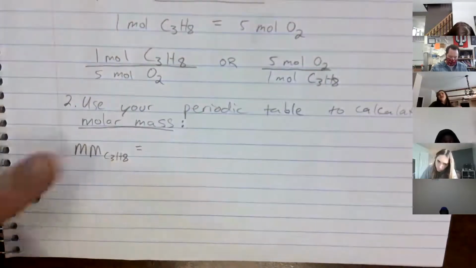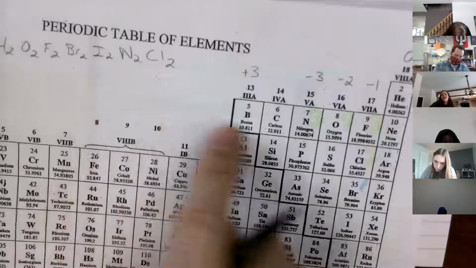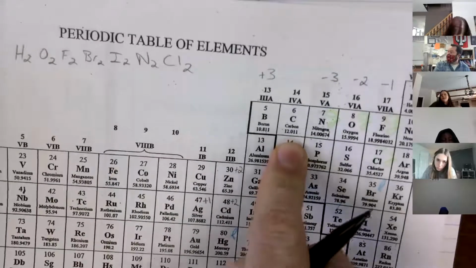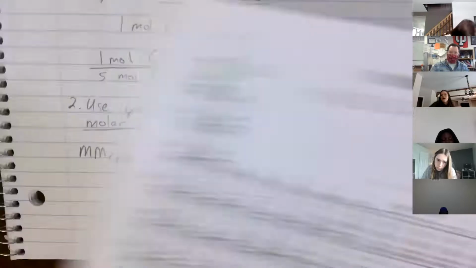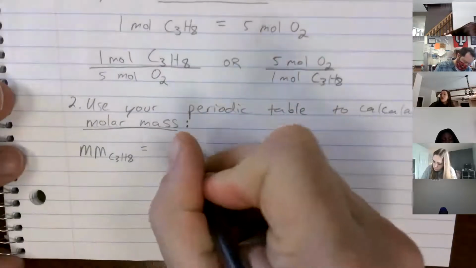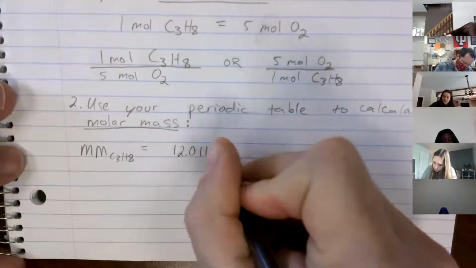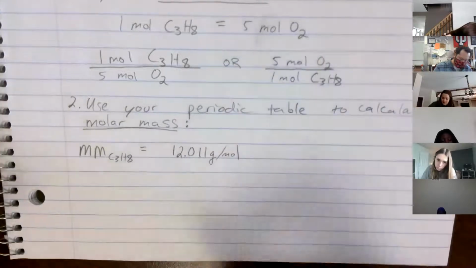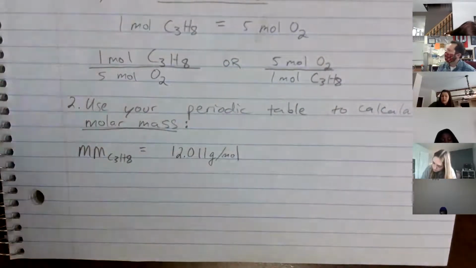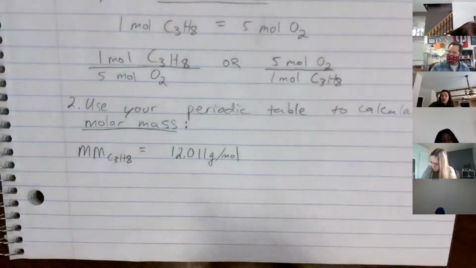It is equal to, well, we're going to start with carbon. We look at the periodic table, we find carbon, and there we go, 12.011 grams per mole. It's the mass of 1 mole of carbon.